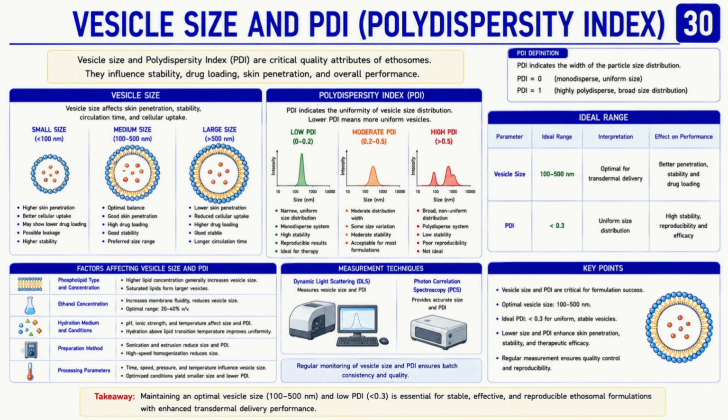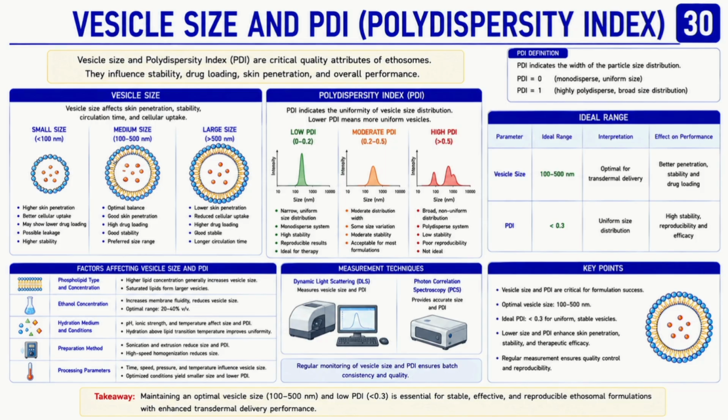Vesicle size. Vesicle size is one of the fundamental characteristic parameters. It influences the physical stability, skin interaction, drug release, and potentially permeation. Dynamic light scattering is commonly used for nanoscale and submicron particle size measurements. The result should not be reported simply as one size value.